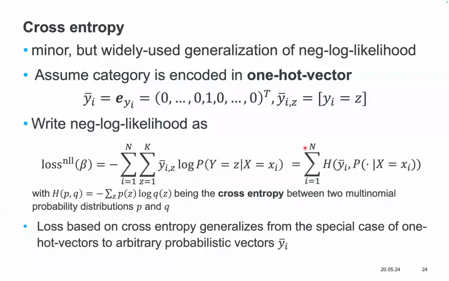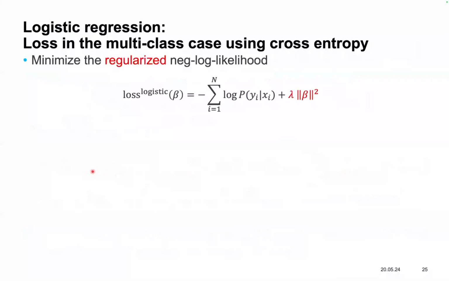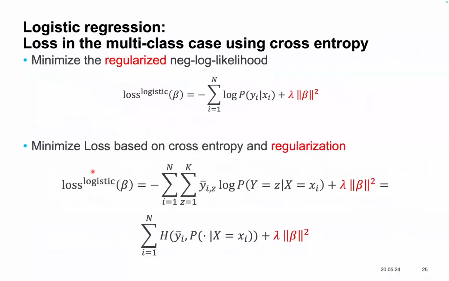It can again be captured very nicely with the very same formula of cross entropy, describing this nice loss function. And indeed, cross entropy is one of the most used loss functions. Then, of course, we may also want to regularize it.